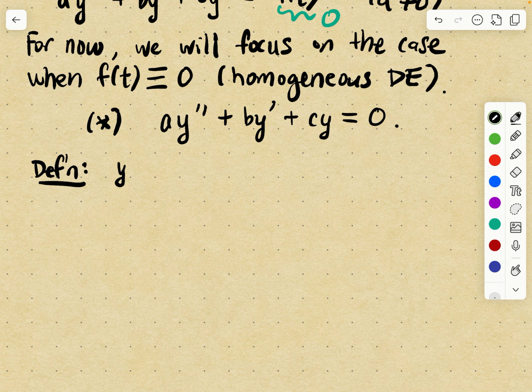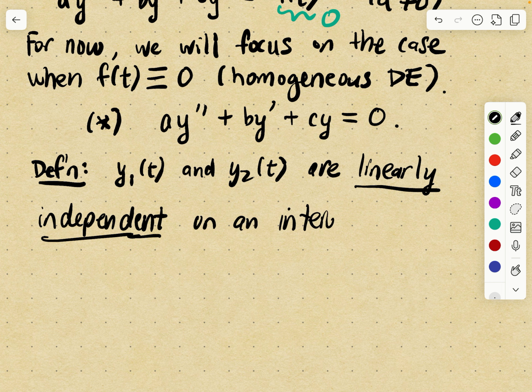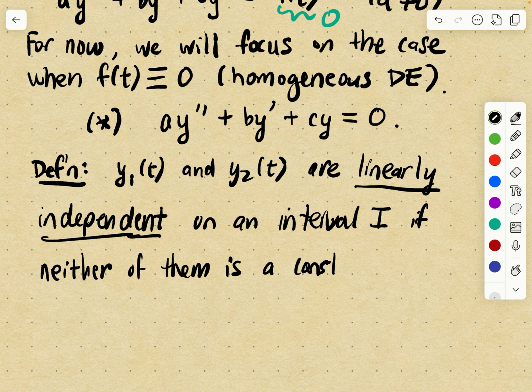So the definition is, if you have two functions, y1 of t and y2 of t, we say that they are linearly independent on an interval I if neither of them is a constant multiple of the other.